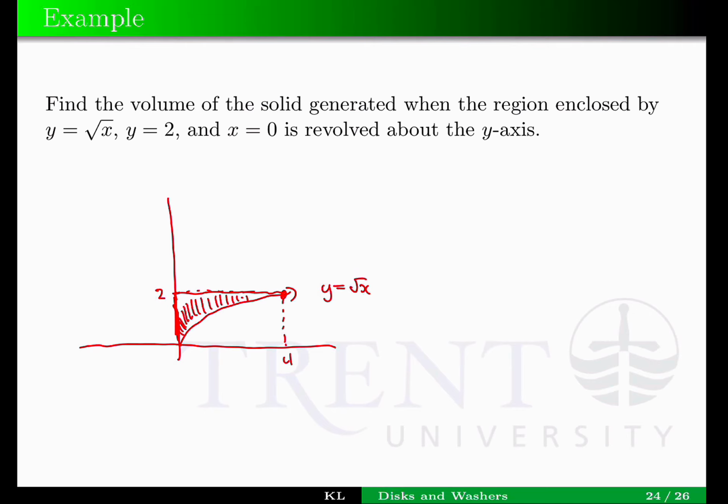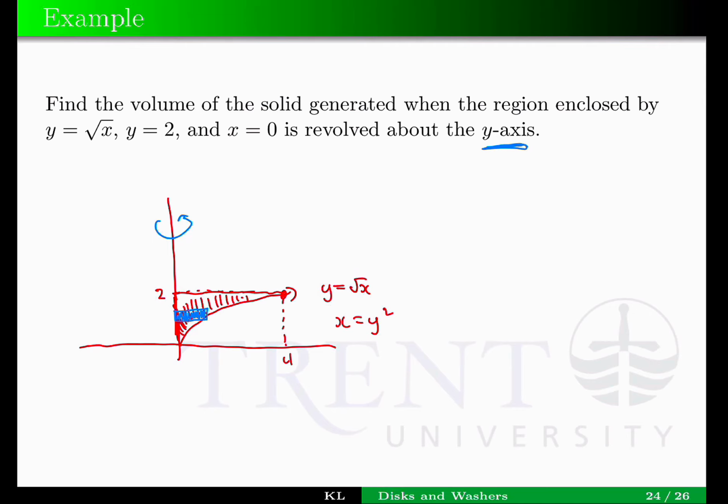Now, the axis of revolution is the y-axis, so our strip must be horizontal. Furthermore, we have to write x in terms of y. So from here, you will have x equals y squared.